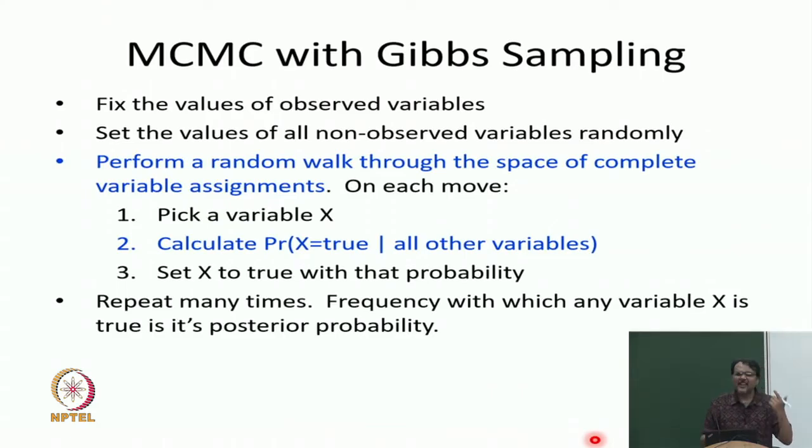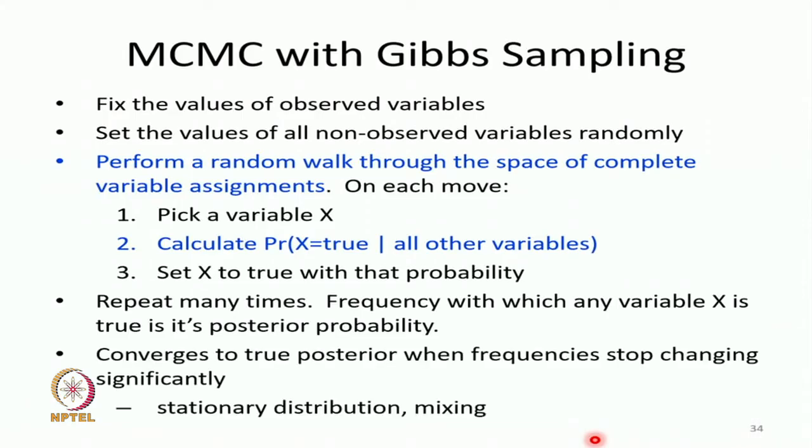And think about why do we sample with all the variables, think about it, you will get the answer. And we sample it and we set A to be true or false with that probability and repeat. Repeat means pick another variable, let us say we pick burglary, again sample burglary true with all the other variables and then set burglary to this value and we keep going.